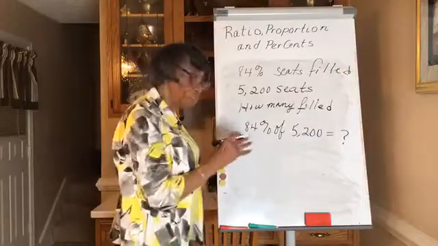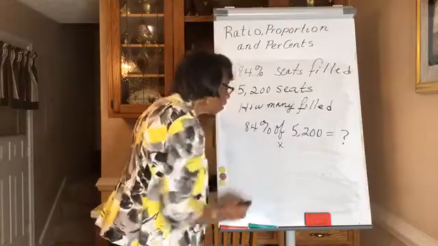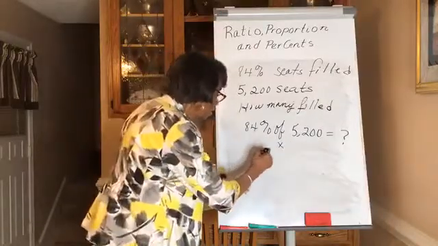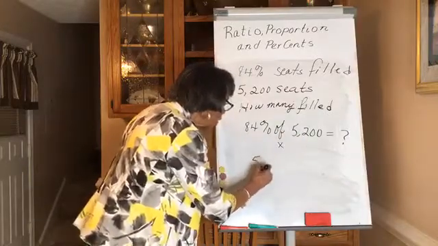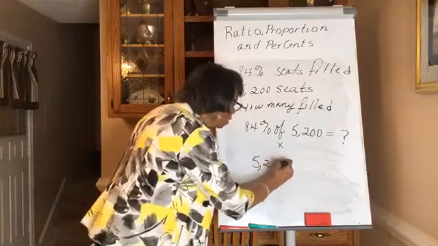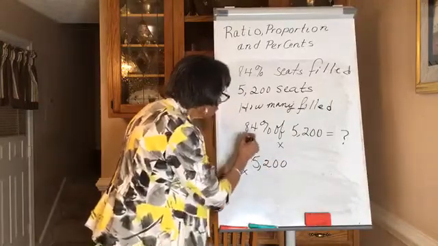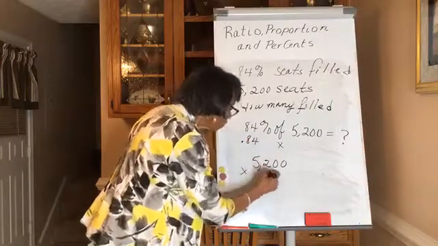And I think of the two, the multiplying. So all we're doing here then is multiplying 5,200 times, and let's use the decimal form, 84 hundredths.